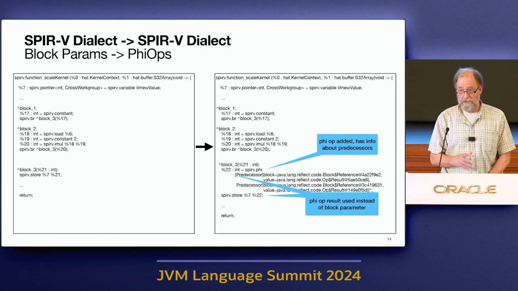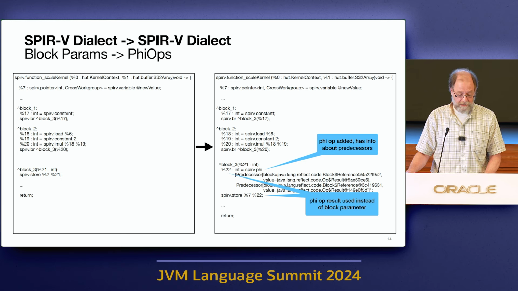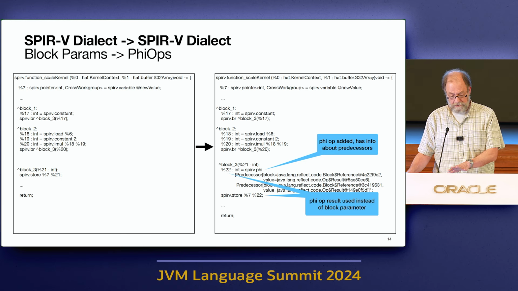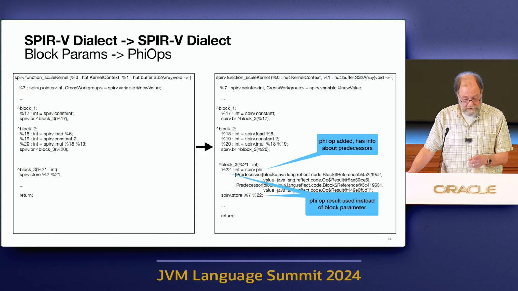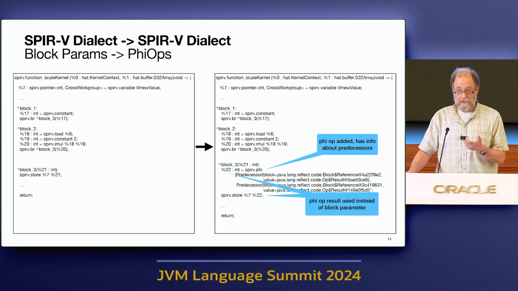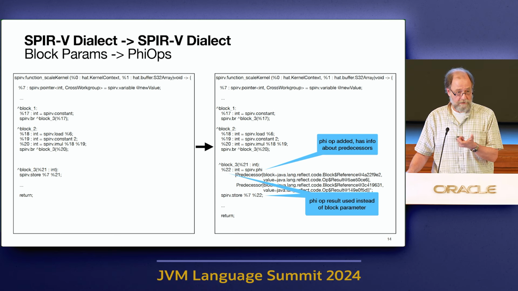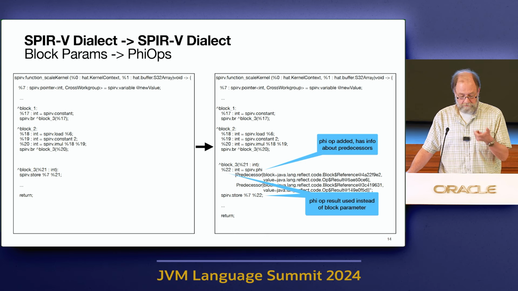In case you're not that familiar with maybe the block parameter style, I wasn't. Here's just a little bit of code that describes what we're trying to go from and what we're trying to go to. In this sample, it's that scale kernel. I pulled out 3 blocks, block 1 and block 2, both branched to block 3. And because there was a ternary expression in the kernel, we're going to have some values that cross that control flow.